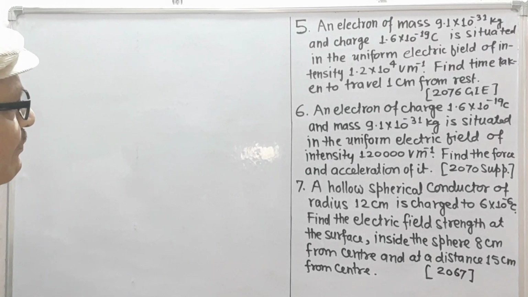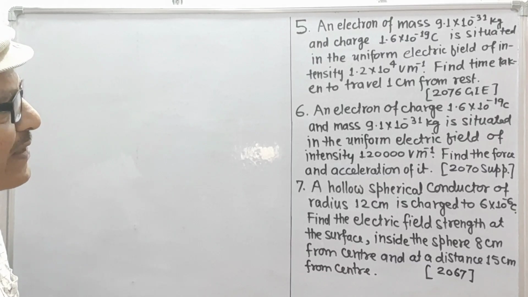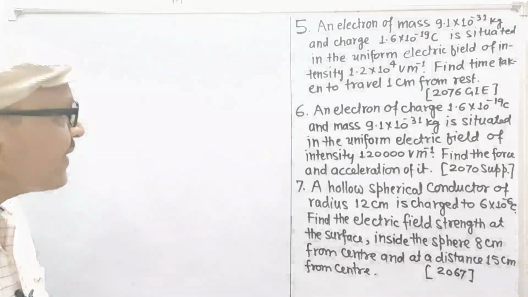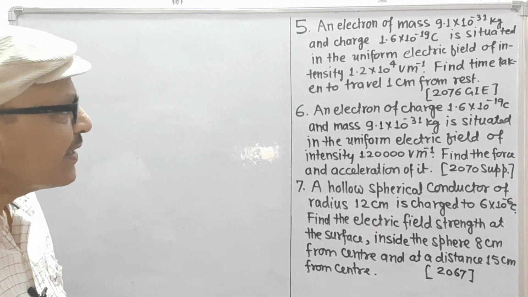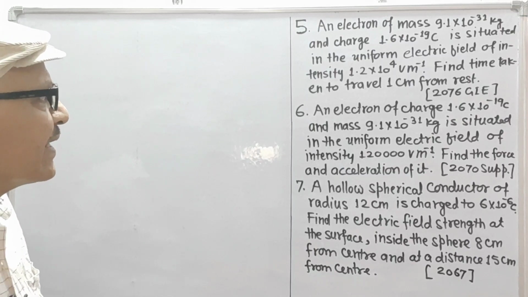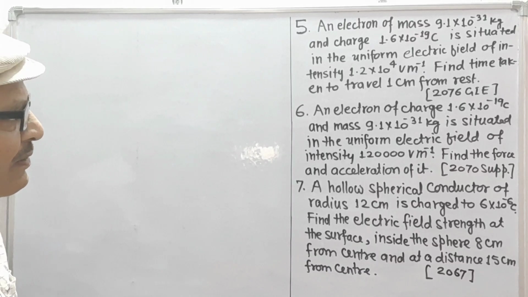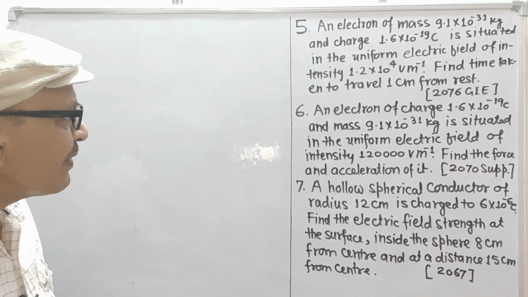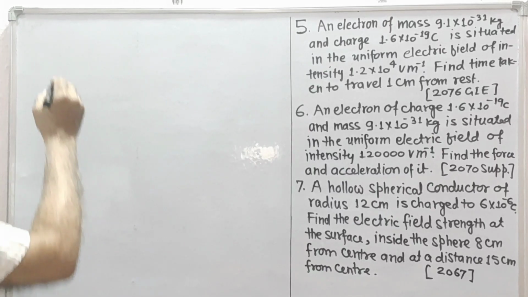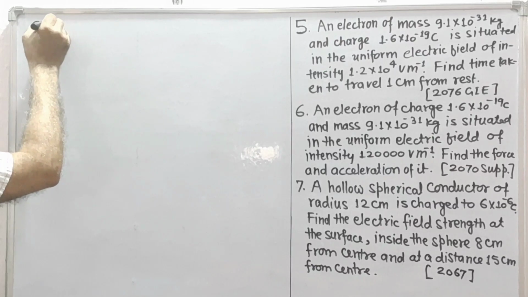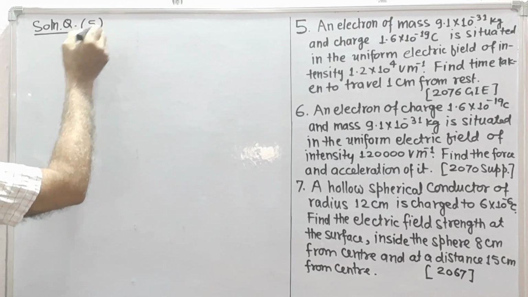Next question number 5. The question is, an electron of mass 9.1 into 10 to minus 31 kg and charge 1.6 into 10 to minus 19 coulomb is situated in a uniform electric field of intensity 1.2 into 10 to power 4 volt per meter. Find time taken to travel 1 cm from rest. So solution to question 5.